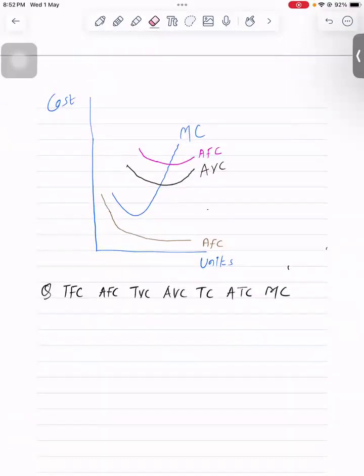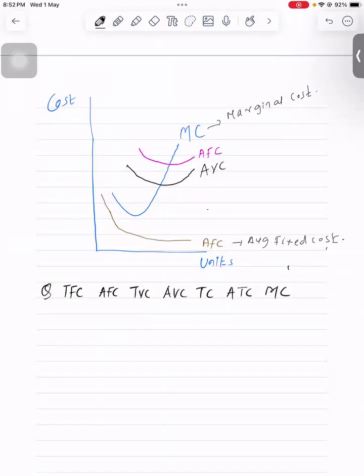Now next we will try to understand the shapes of different curves in this diagram. The very first curve you can see is the AFC curve, which is downward sloping. AFC stands for average fixed cost. Now look at the next curve, which is in blue, MC. MC stands for marginal cost. And just below marginal cost, we have the ATC curve.